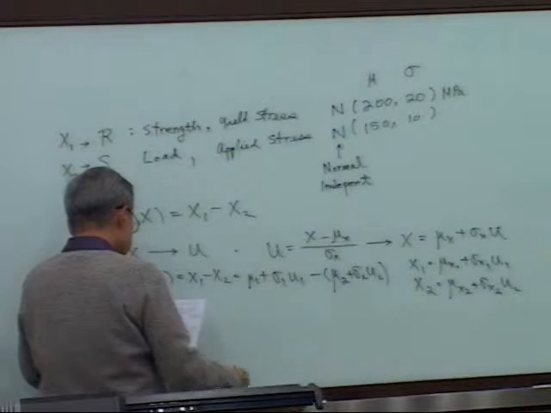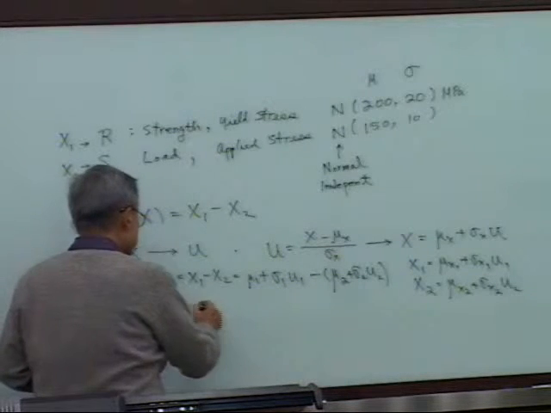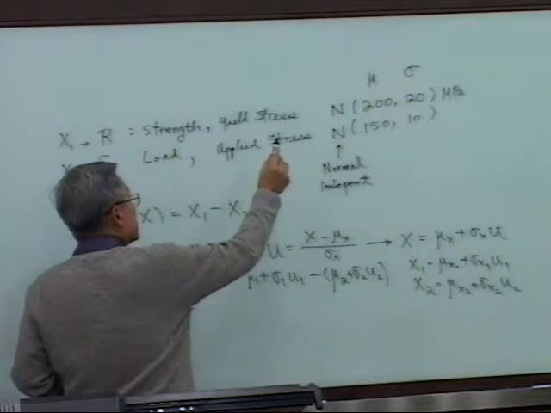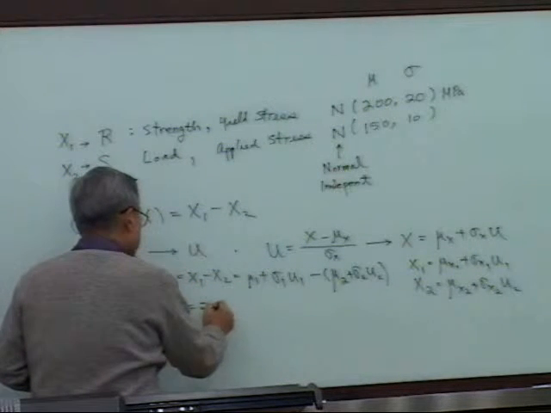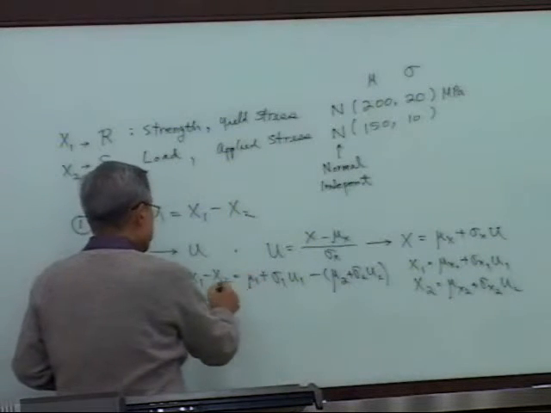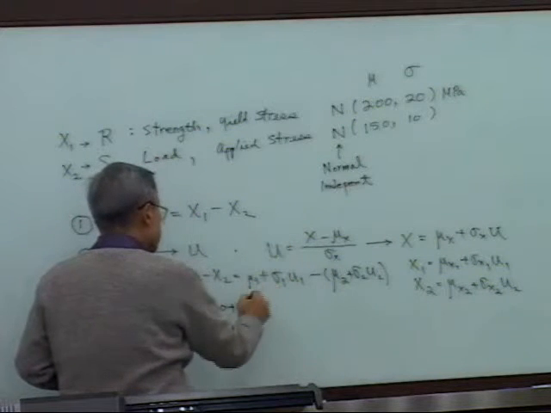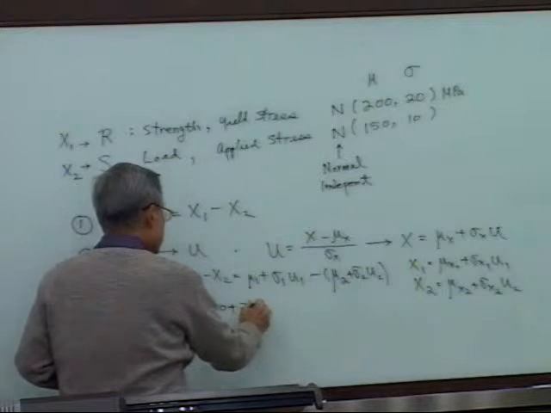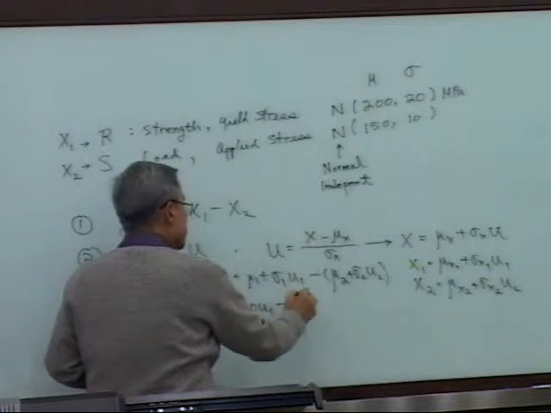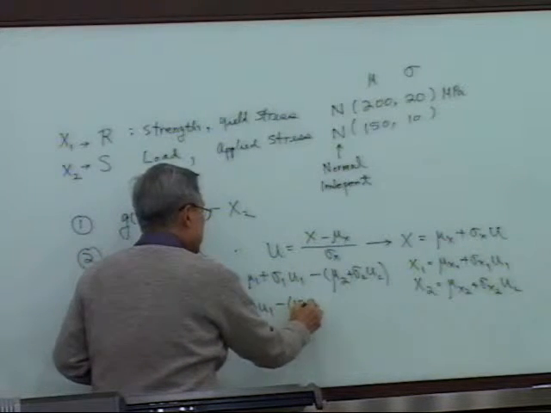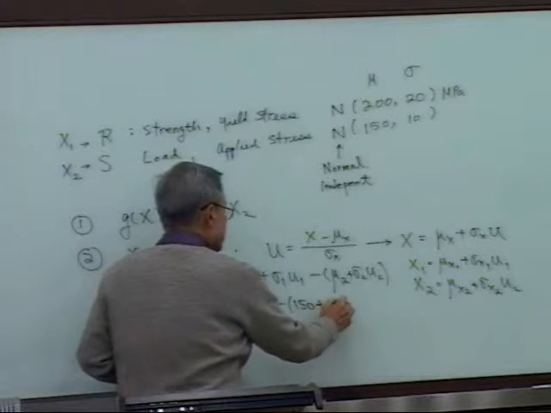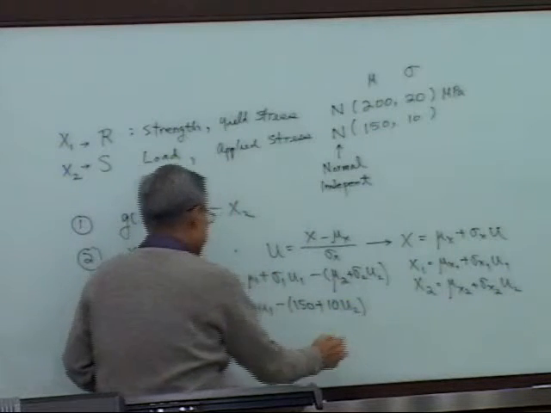Then we can just put in the values. So mu1 is 200 megapascal plus sigma 1 is 20 u1, minus mu2 is 150 plus sigma 2 is 10 u2.